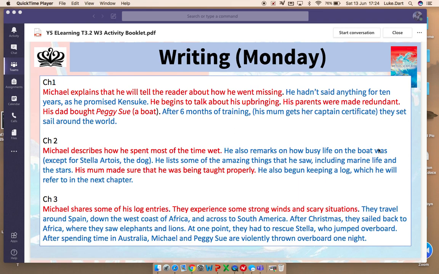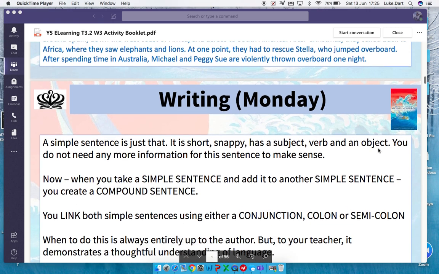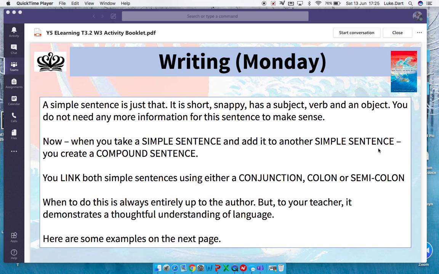It doesn't mean when you add in extra detail, add in extra commas, extra punctuation and things. It's when you put 2 simple sentences together and you link them together by using a conjunction, colon or a semicolon, and what you create is a more detailed single sentence, so one which has a capital letter and a full stop, and it adds a little bit more complexness, I guess, to what you are writing.